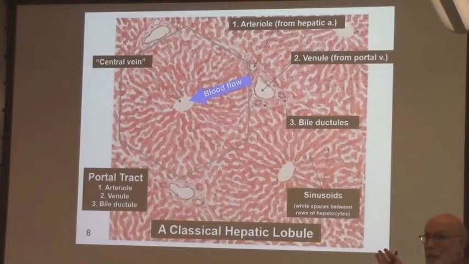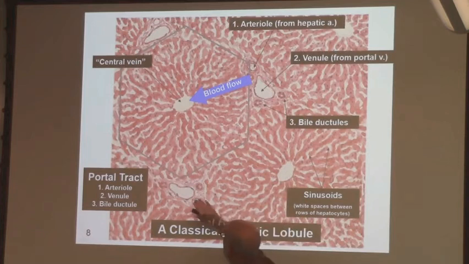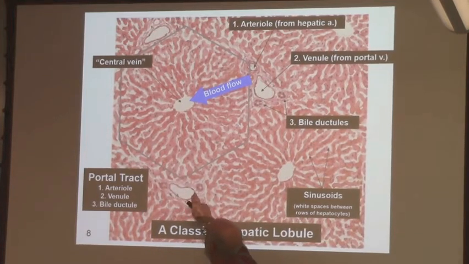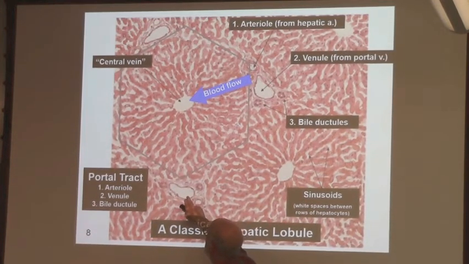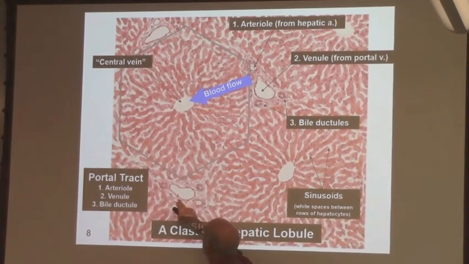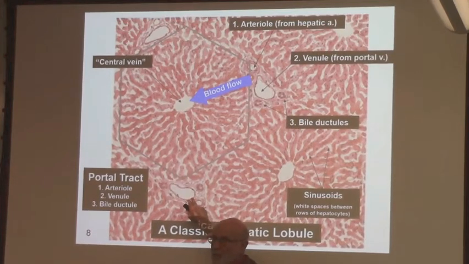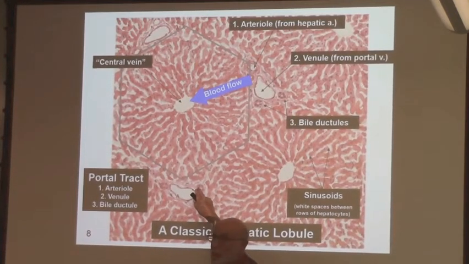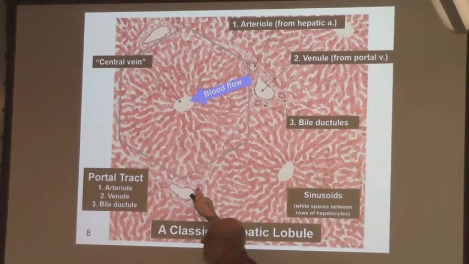So here's an image. This is not a cartoon. This is an actual micrograph of hepatic lobules. So here is the central vein. Right here we have a branch of the portal vein, a branch of the bile duct, and a branch of the hepatic artery.